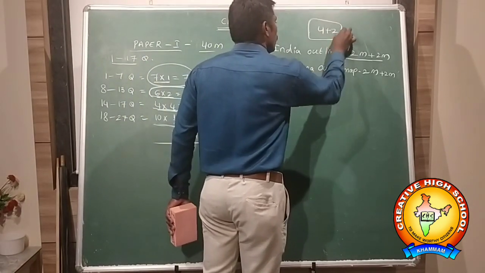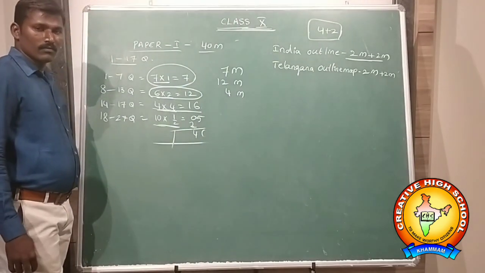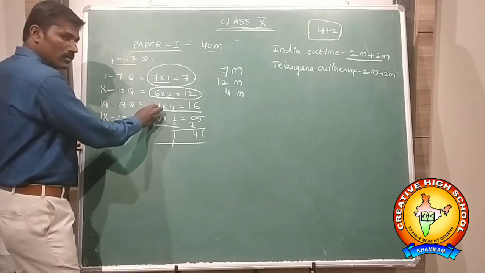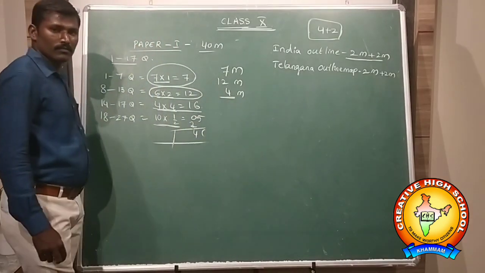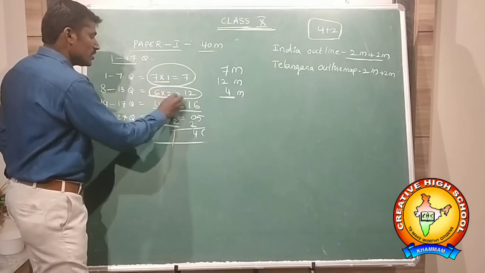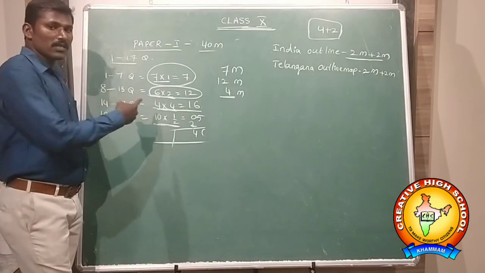From map pointing you will definitely get marks without any doubt. Out of 4, 1 is map pointing, your choice. Out of 6 questions, 1 is a compulsory mapping skill.